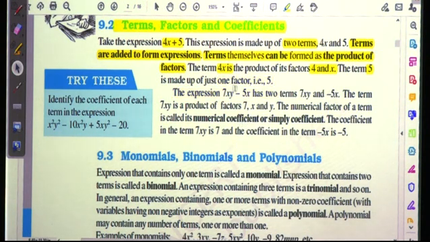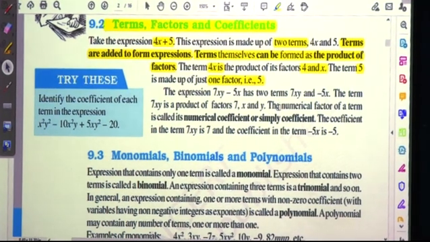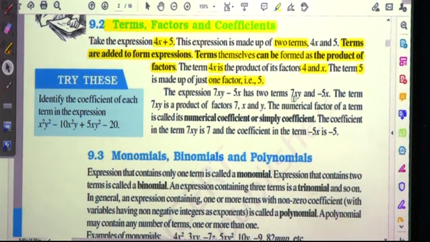Okay. I hope that since I am explaining the concepts very slowly, you are understanding these things. Once you understand these things, further things will be very easy for you, and you can do very quick calculations. The expression 7xy minus 5x has two terms.